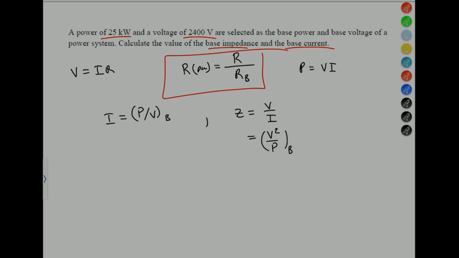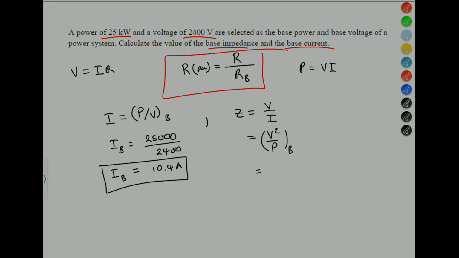Therefore, I base is equal to 25,000 divided by 2,400, and that gives us 10.4 amperes for our base current.